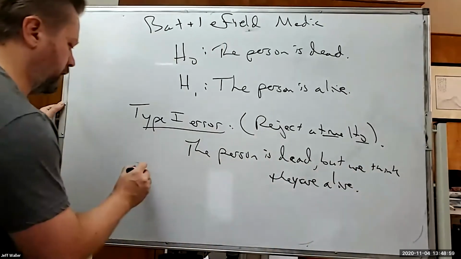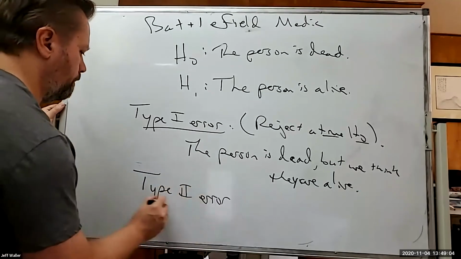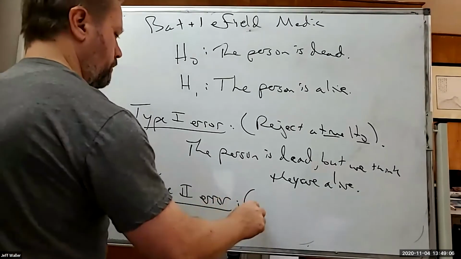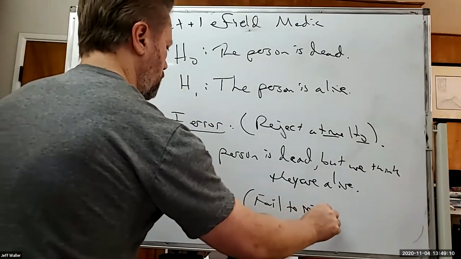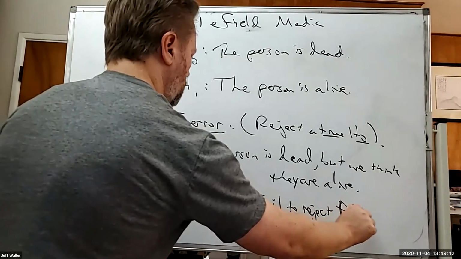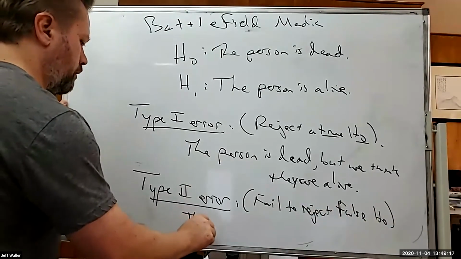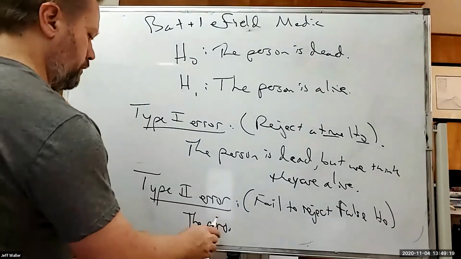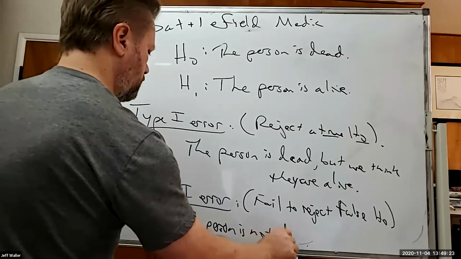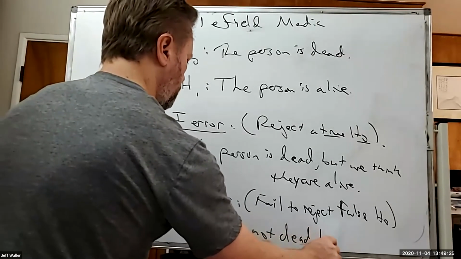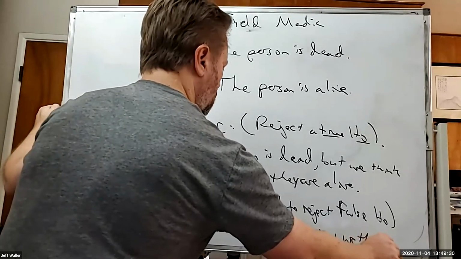Exactly. So what would a type 2 error be? The person is alive, but we think they're dead? Yes, the person is not dead, but we think that they are.